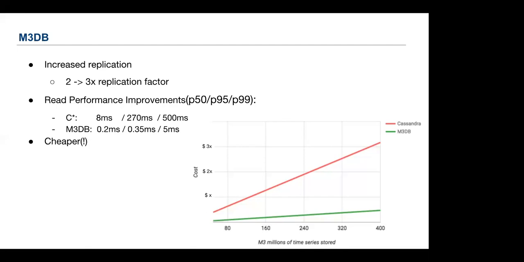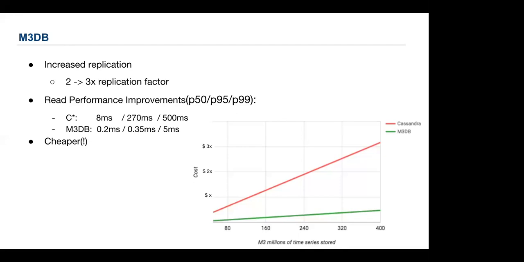M3DB beat Cassandra by a lot in P50, P95, and P99 reads. So it was really fast. Cassandra was super expensive, and the main reason was that M3DB can achieve a lot of compression using the properties of the data. I'll talk about it in the next section.